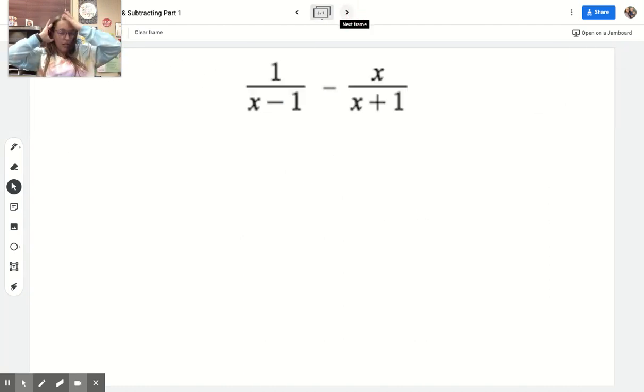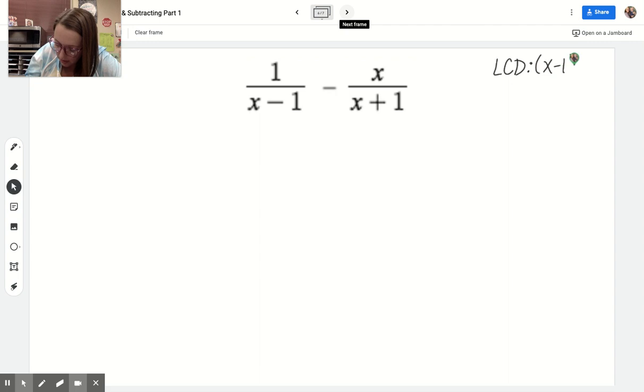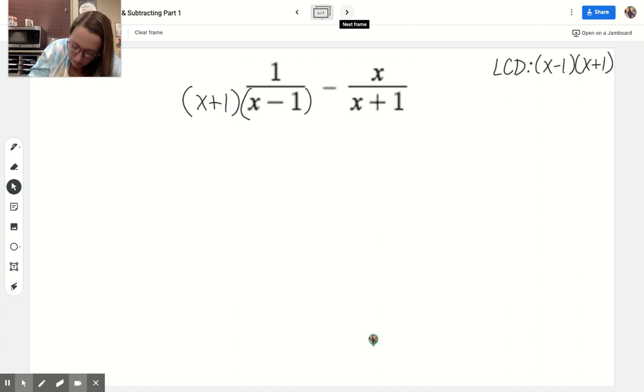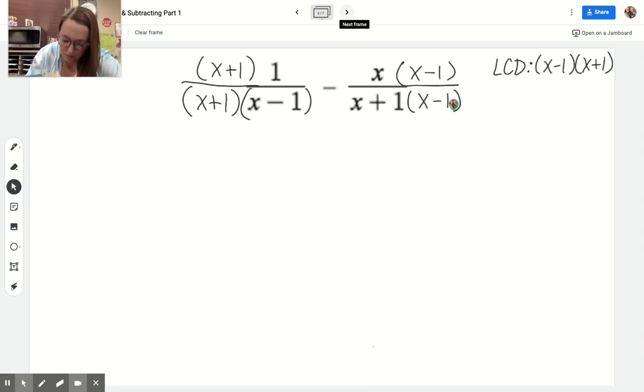All right. Here's another one. I can't change what's added or subtracted to the top and bottom. So I'm going to have to multiply these two things together to get my lowest common denominator. So I'm going to have to multiply the first fraction by x plus 1 on the top and the bottom. And I'm going to have to multiply the second fraction by x minus 1 on the top and the bottom.